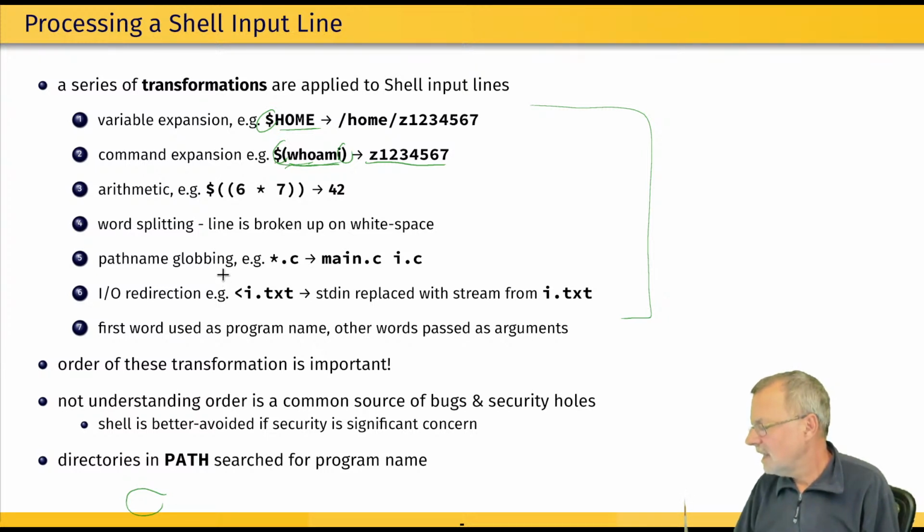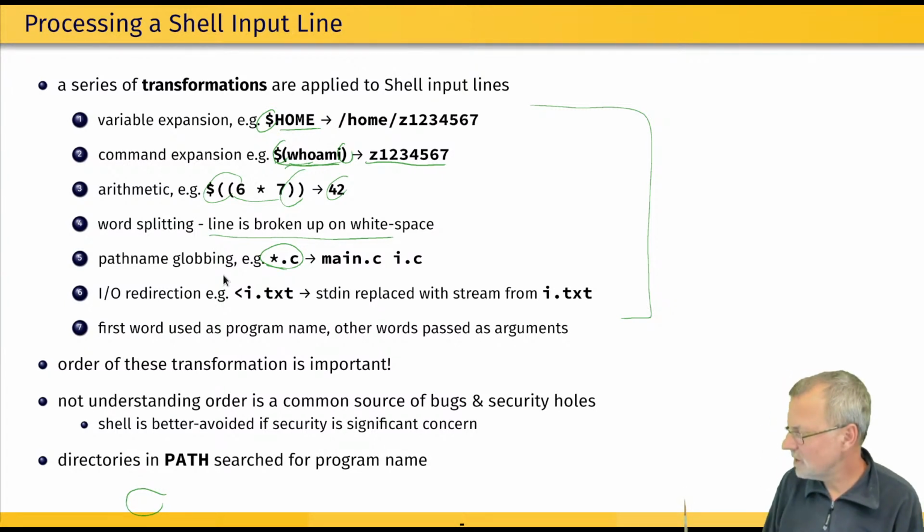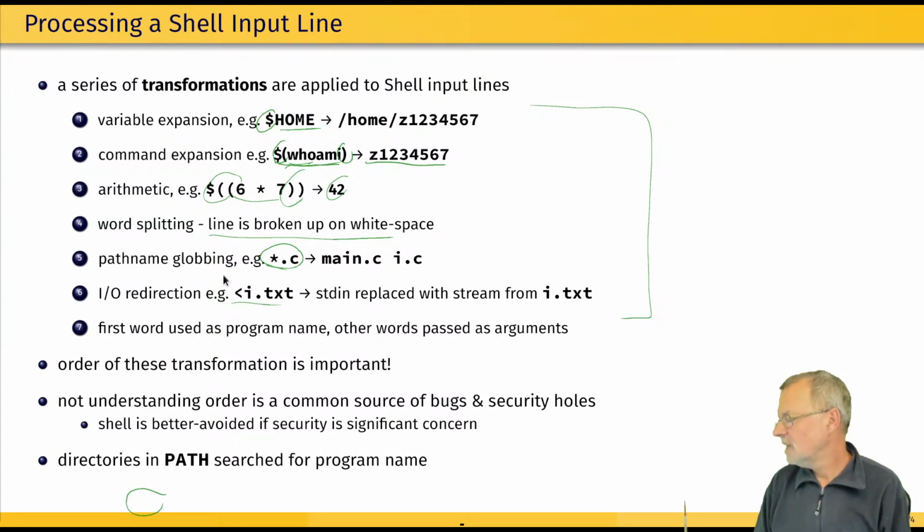All right. $ and two brackets, what's between it is treated as arithmetic and replaced by the value of the arithmetic. The line is broken up on white space. Globbing occurs. IO redirection, which you haven't seen, also occurs, and that's it.